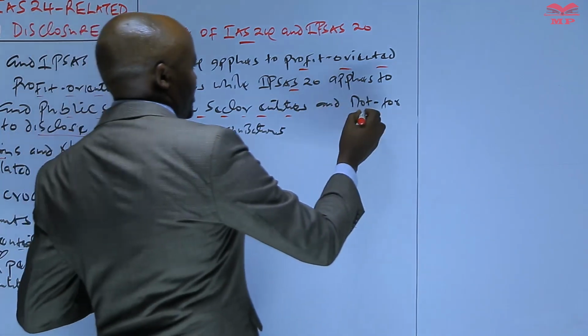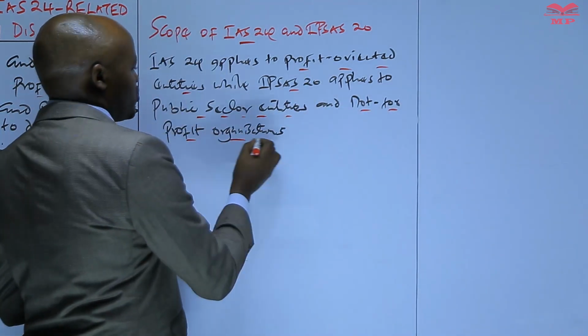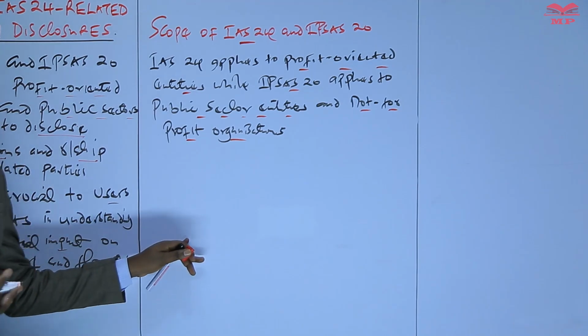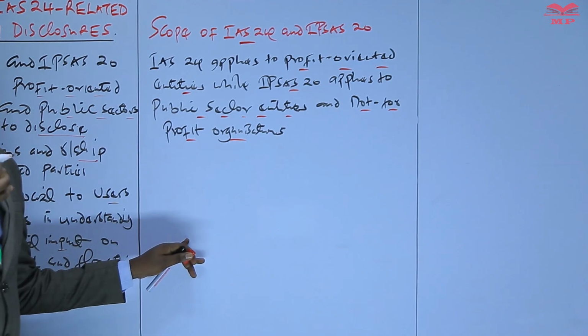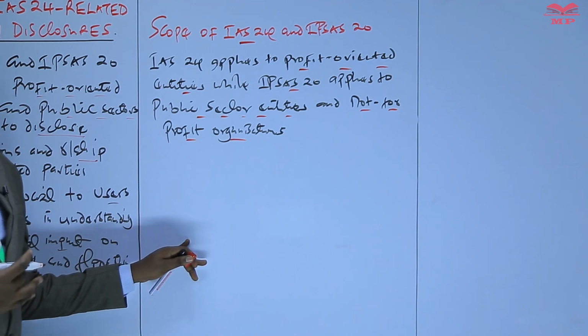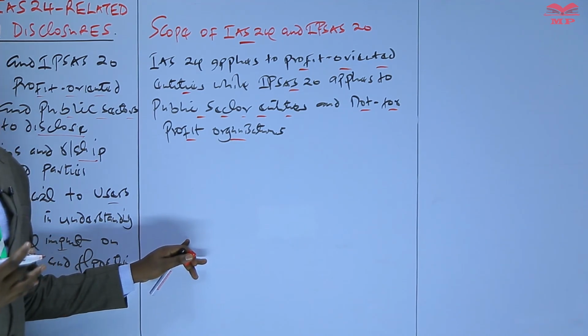And also IPSAS 20 applies to not-for-profit making organizations. Not-for-profit making organizations are usually charitable organizations, those which support needy families and so on.